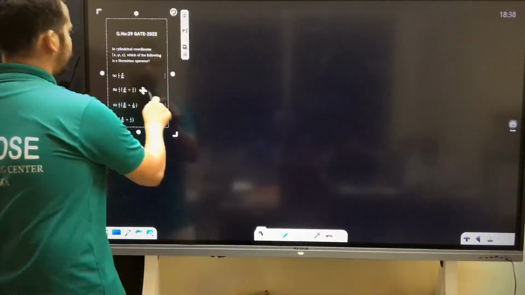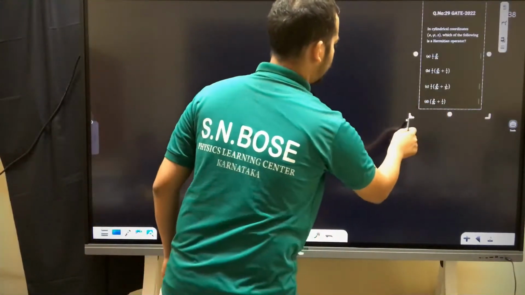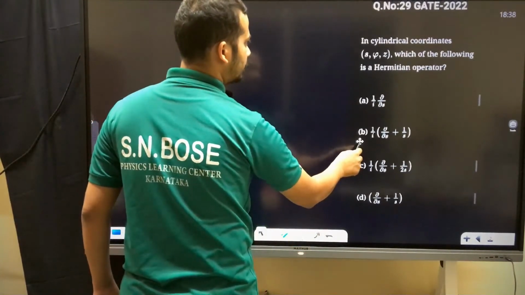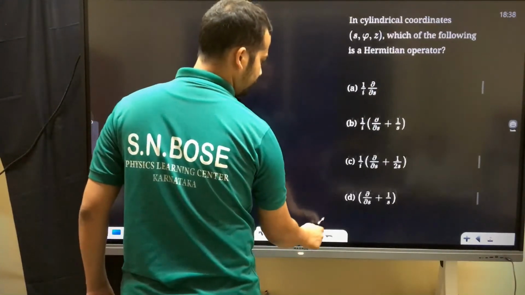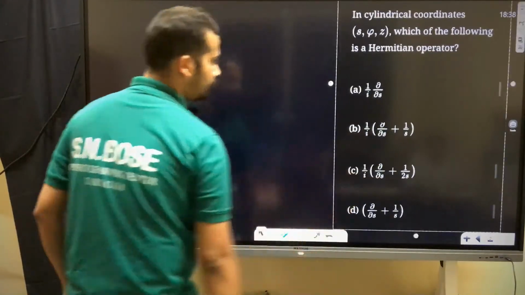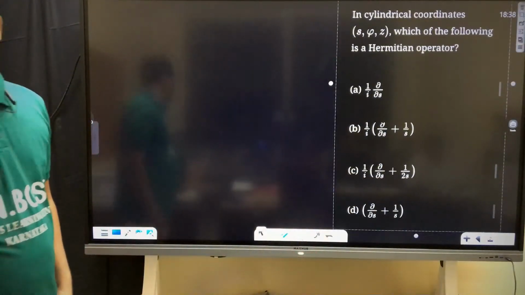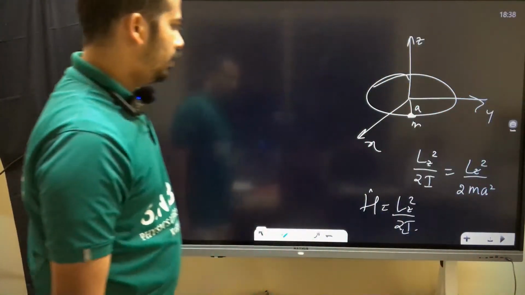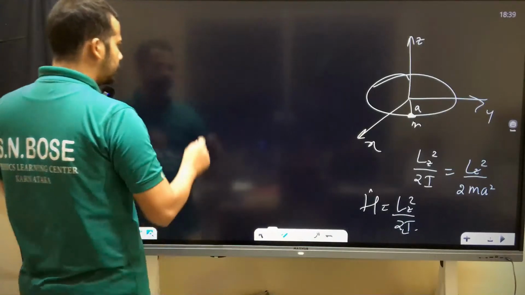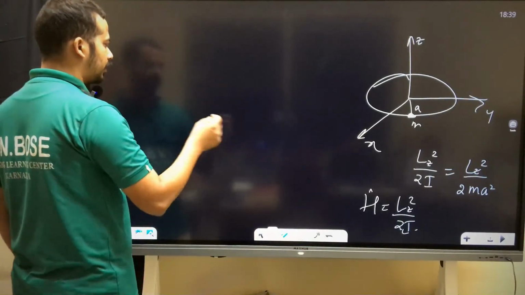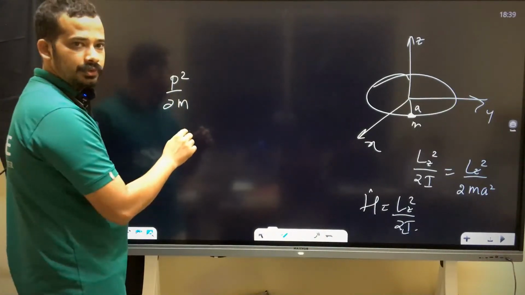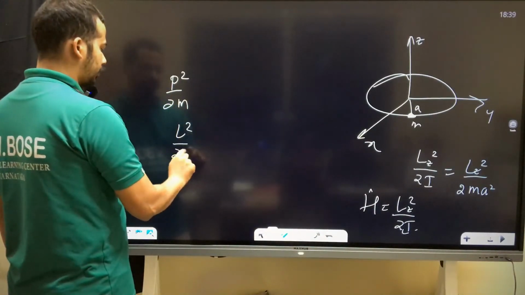That we didn't discuss in our theory. We didn't discuss this kind of problem in our theory. So that Lz square by 2I, how do we get that formula? What I remember is p square by 2m in case of linear motion, and L square by 2I in rotation.